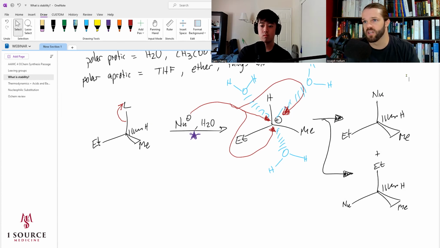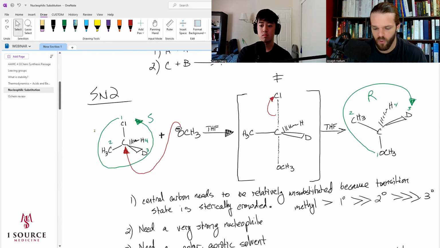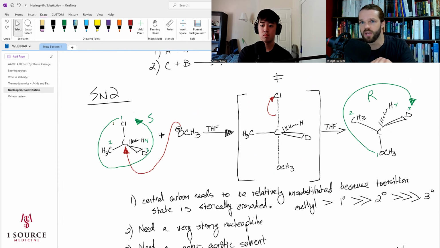There's still going to be percentages there. So maybe that clears up another component of this. Versus in the SN2 reaction, you can see how the nucleophile has to come in first before the leaving group leaves. And so the nucleophile and the leaving group are on opposite poles of the molecule. That's why you always get that inversion of stereochemistry in the SN2 reaction.